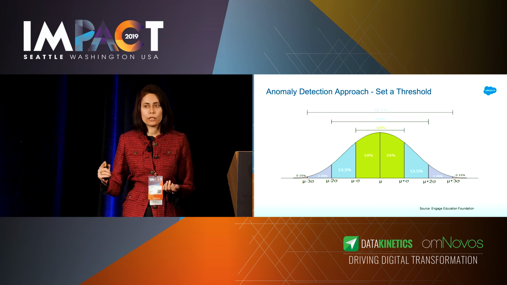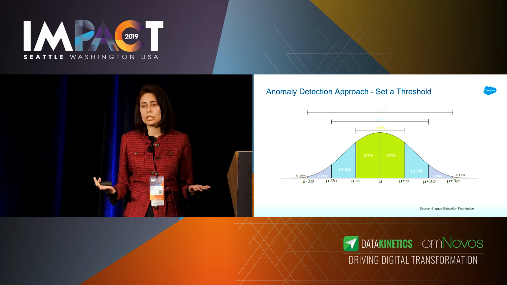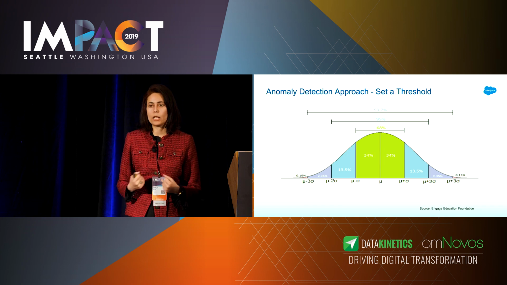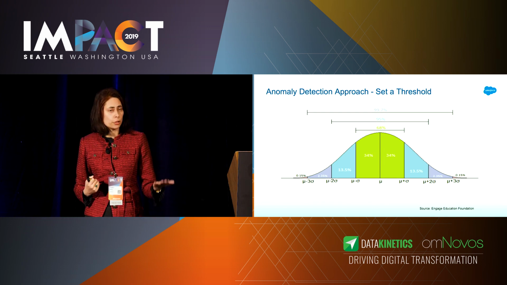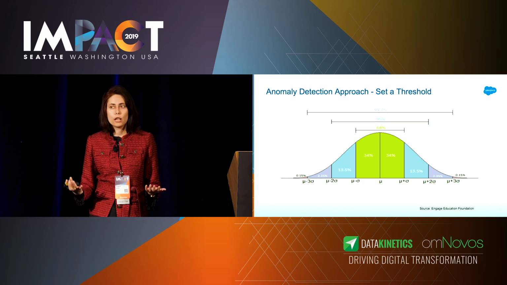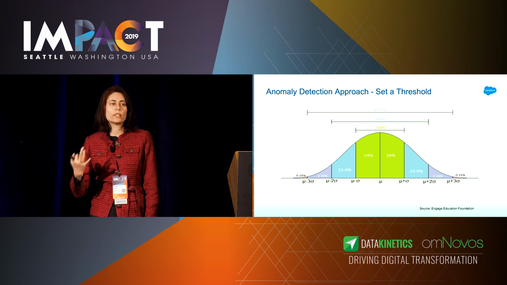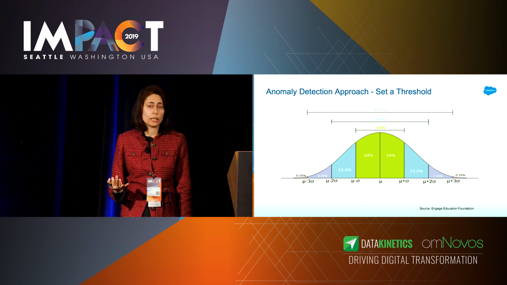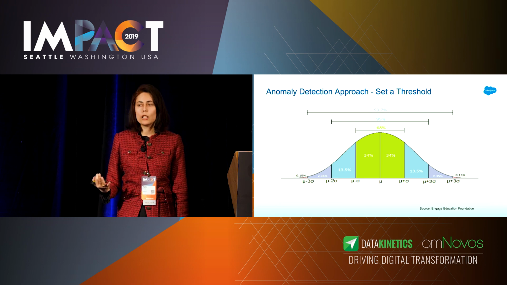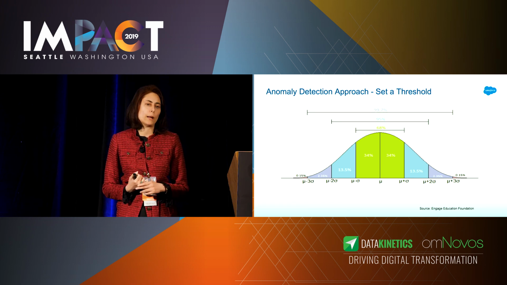But the corollary is also true, that 68% of the time, the data point will not be considered an outlier. If I had a z-score value of 2 and a p-value of 0.05, that means that 5% of the time, a data point will be incorrectly considered an outlier, but 95% of the time, it will not be considered an outlier.